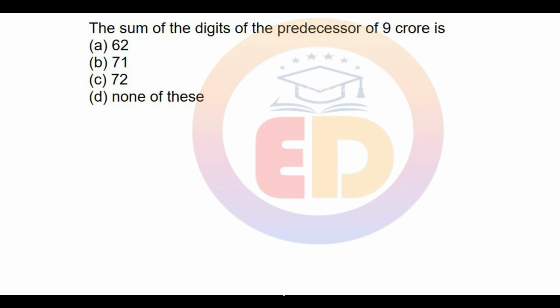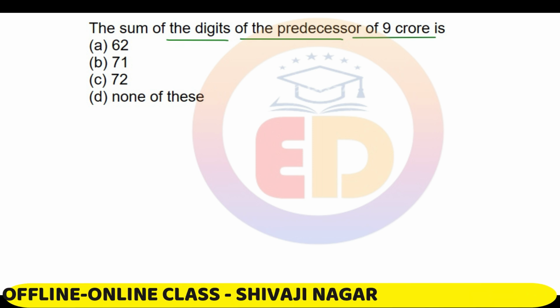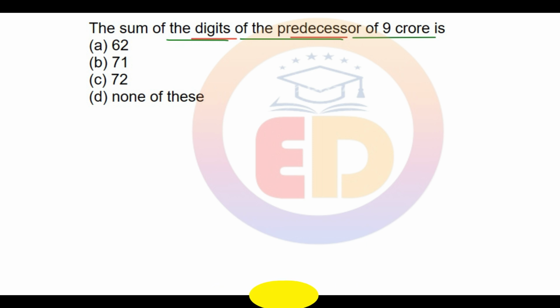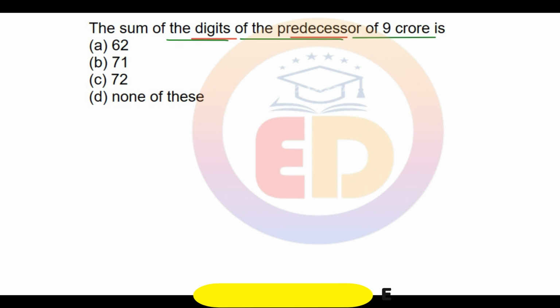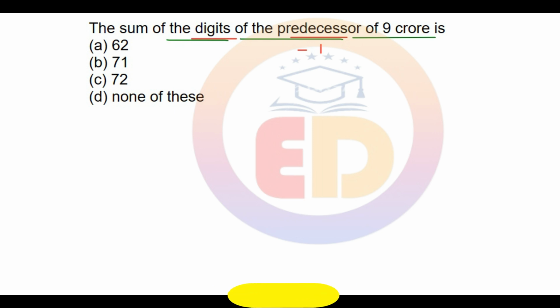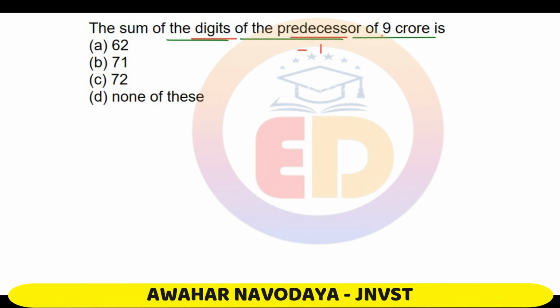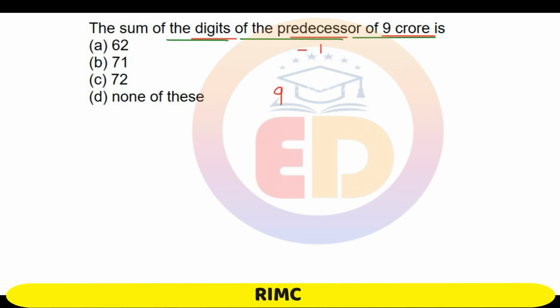The sum of the digits of the predecessor of 9 crore. Remember, a predecessor is a number before, and to get the predecessor of any number, you subtract 1 from the number. We have to get the predecessor of 9 crore.